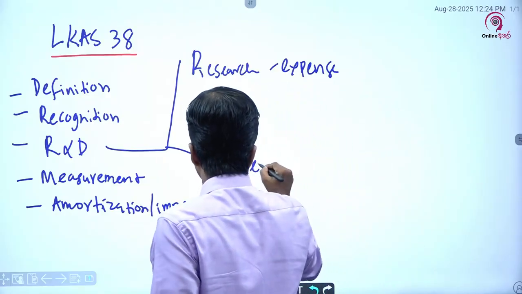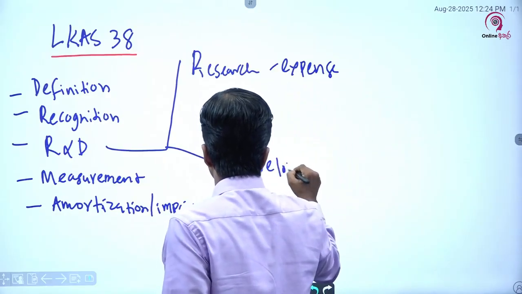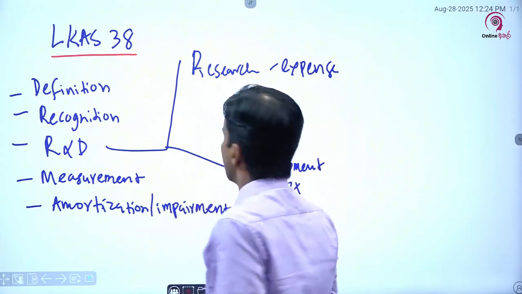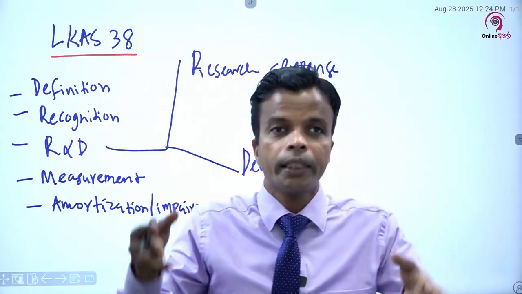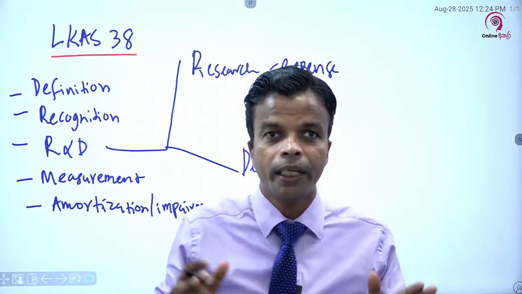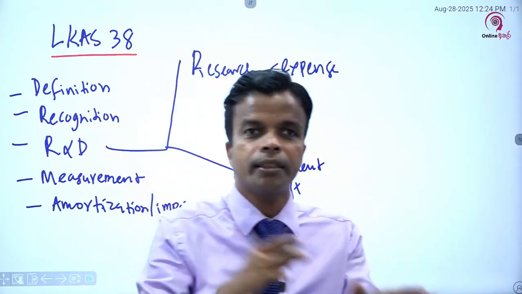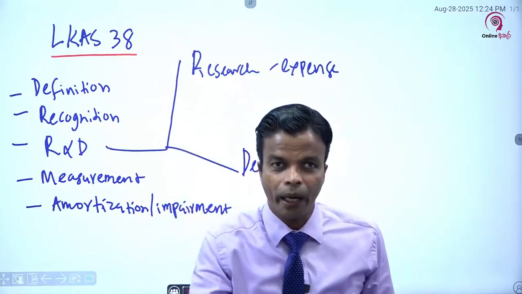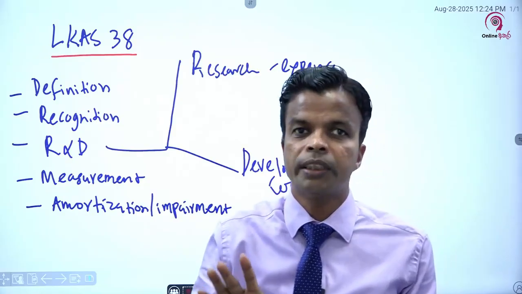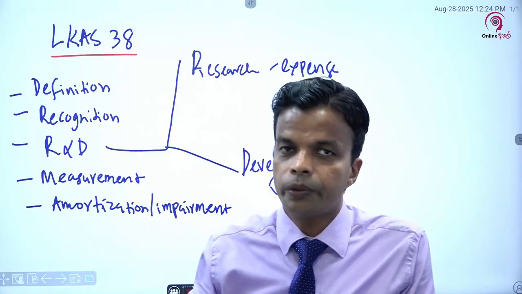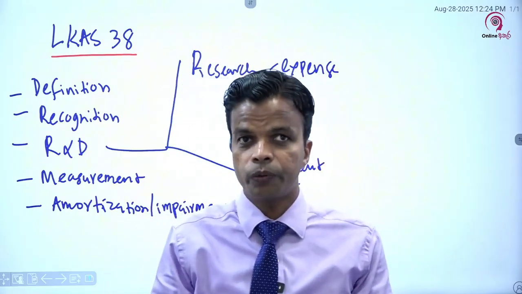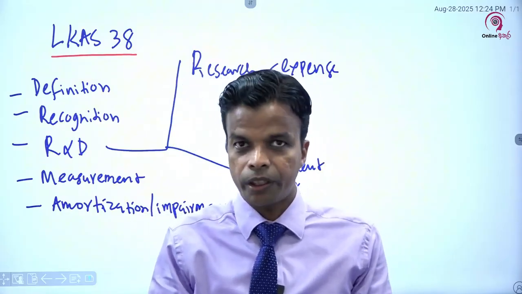Development cost you can capitalize. You can capitalize it as an intangible asset, and amortization and impairment and everything comes in, provided you fulfill certain criteria. When it comes to the development phase, meaning now you are doing the manufacturing of the drugs.